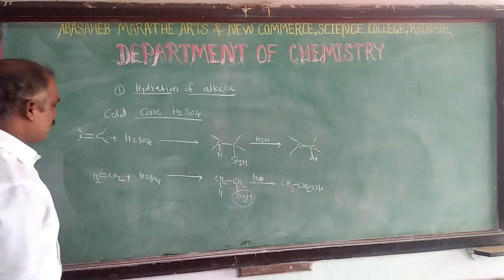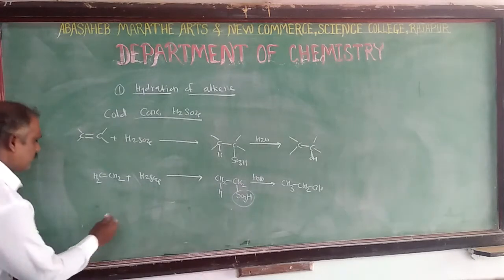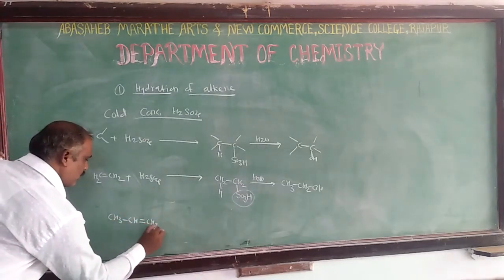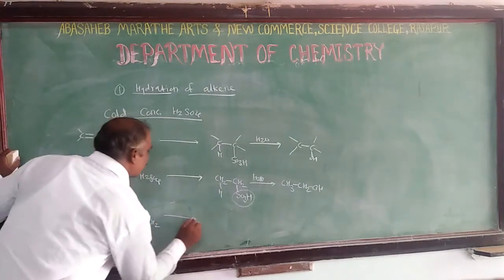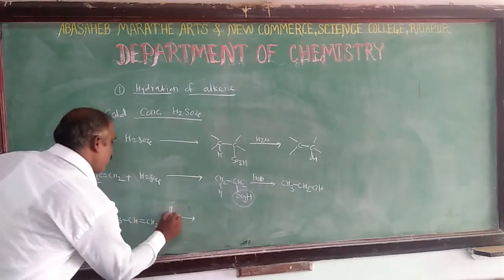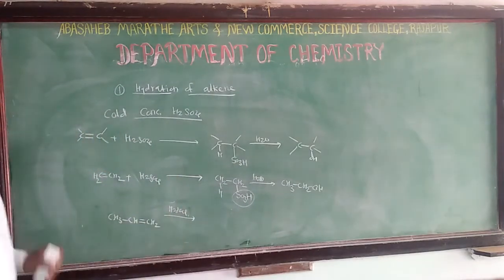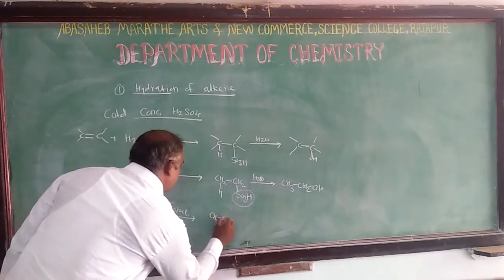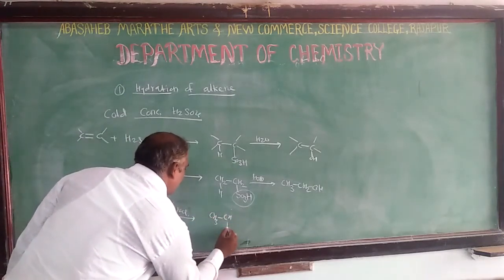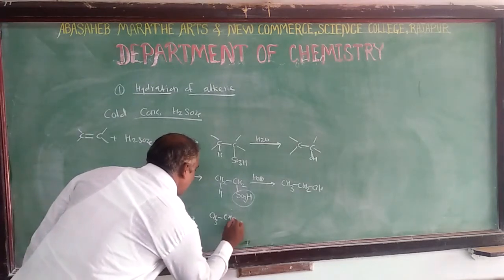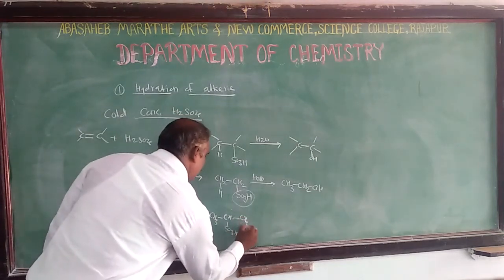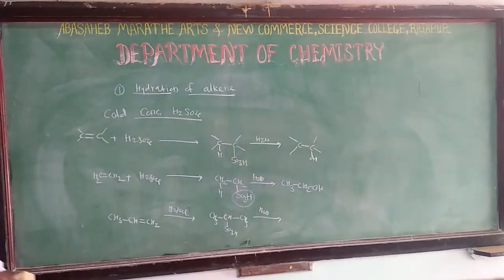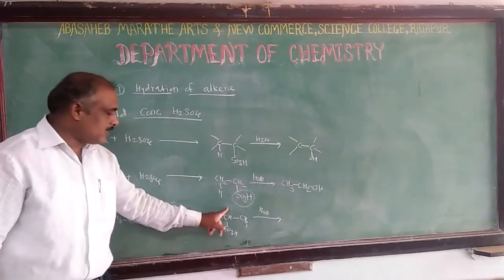For example, propene with H2SO4, then what is the product? CH3CH(SO3H)CH3, and then water hydrolysis. But why is SO3H added here?